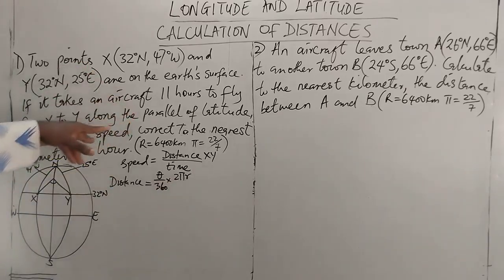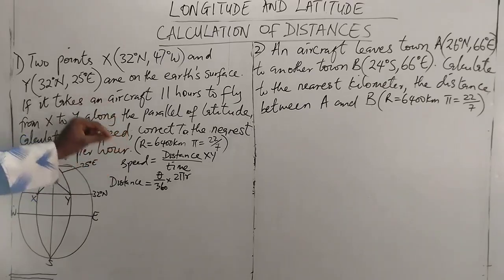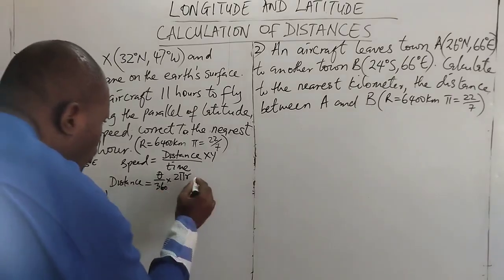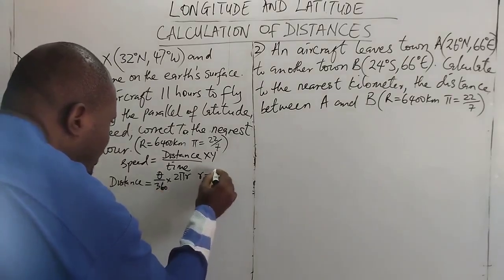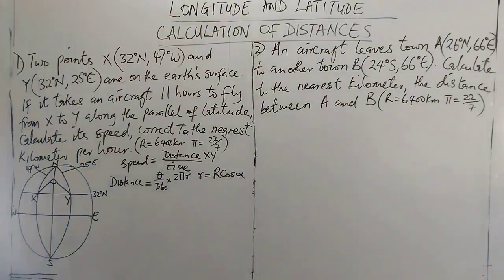All parallels of latitude are small circles. Their radius is not taken from the main radius of the Earth, which is 6,400. This small r is given by the formula big R cos alpha.